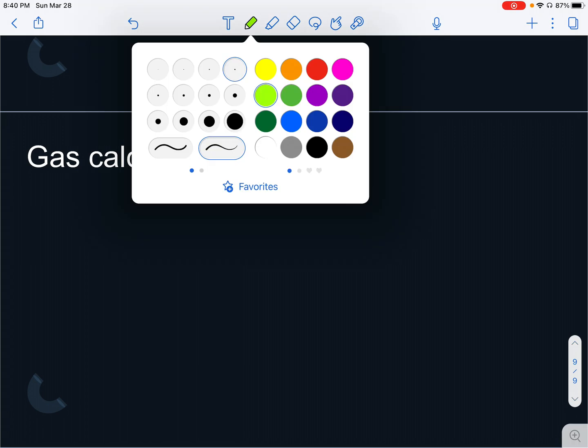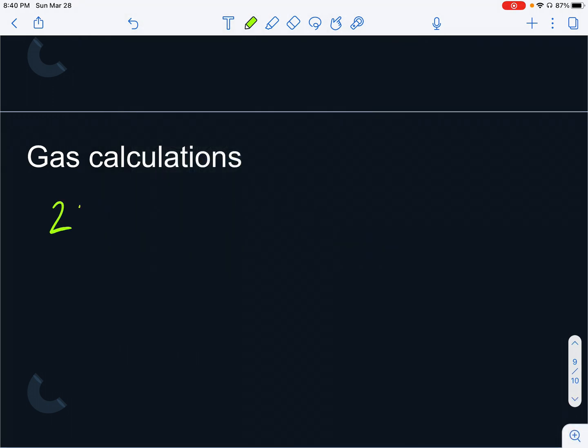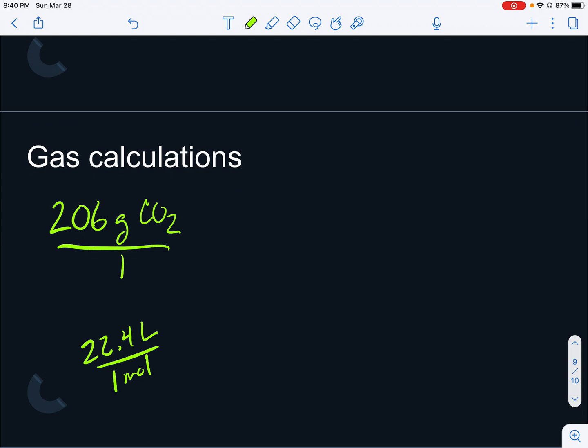A quick example of a gas calculation. So for our 206 grams of carbon dioxide, I say, well, what's the volume of that going to be at standard temperature and pressure? Well, I first need to know how many moles that I have, because my conversion factor is 22.4 liters in 1 mole.